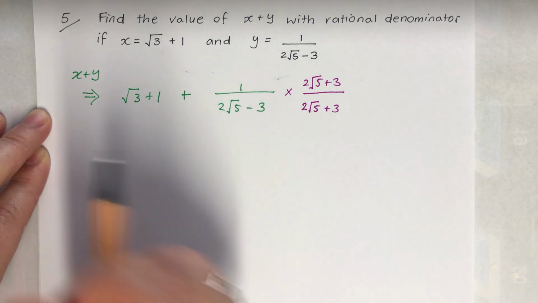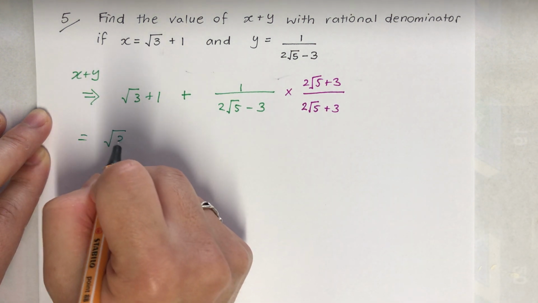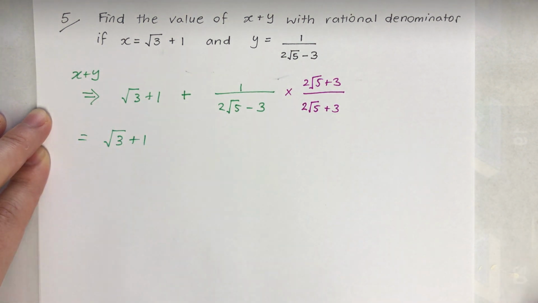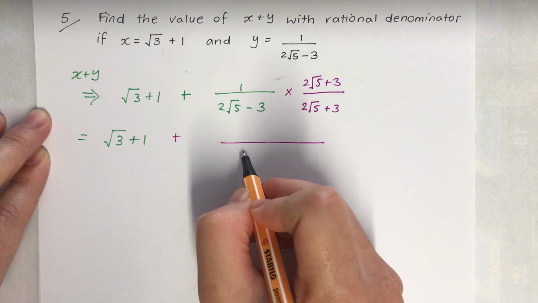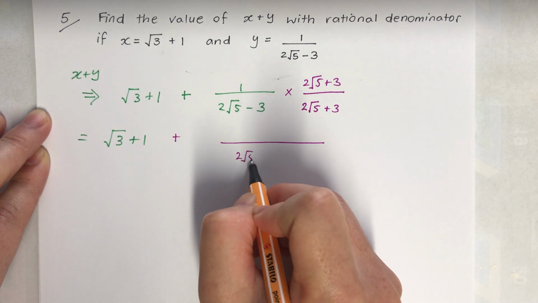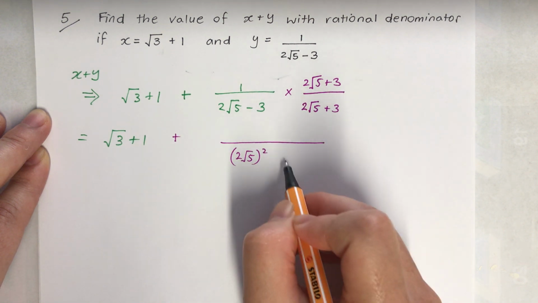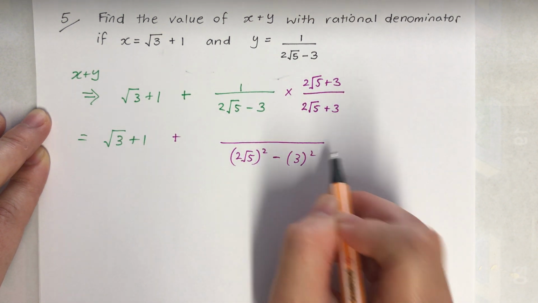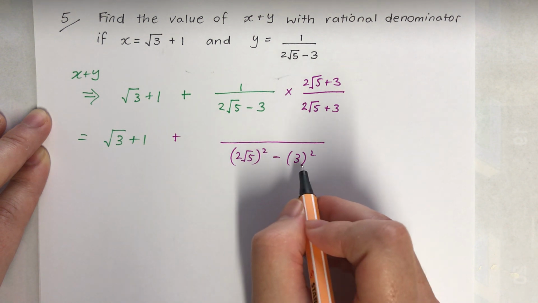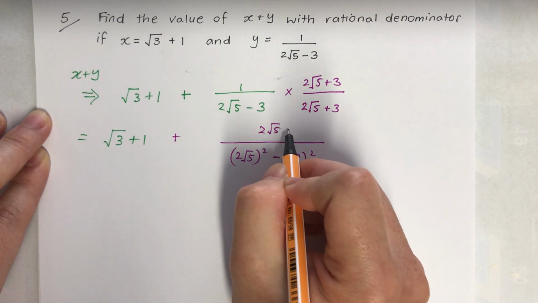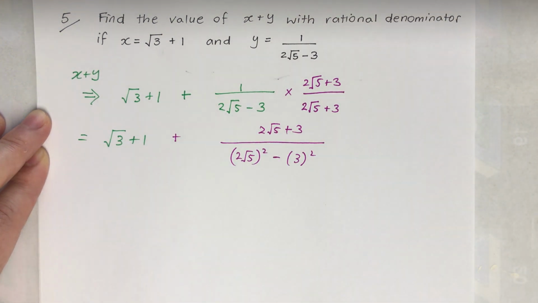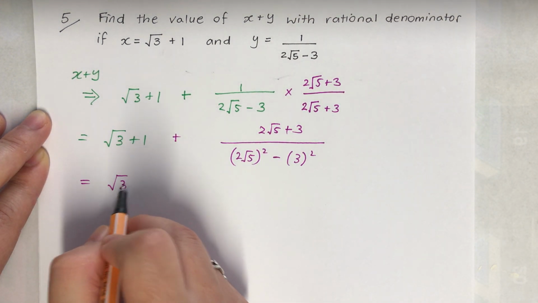So I'm going to continue to carry the x, and what I'm going to do here is what? 2 root 5 squared minus 3 squared. So that's the difference of two squares. That's the whole point of using the difference of two squares, so we can get rid of the square root. On the top is that. Okay, so I'm going to continue with that.